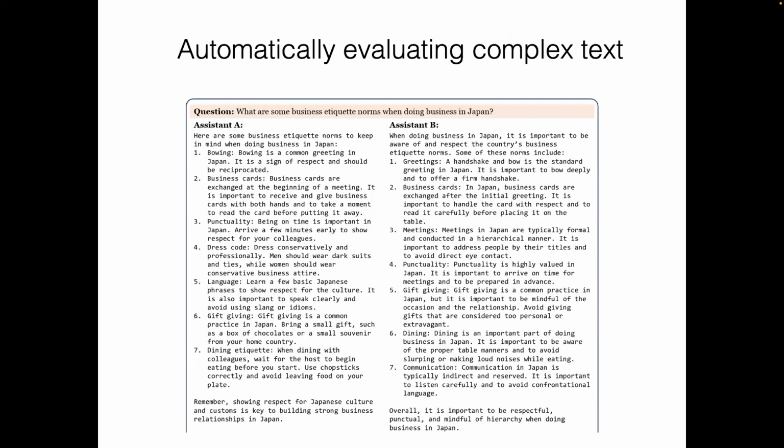Here we don't have an answer that you could just check at the end like you can for the word problem. This is just an example, a single one found from last semester's slides. It's saying, what are some business etiquette norms when doing business in Japan? You have these two different models, and you want to say which one's better than the other.